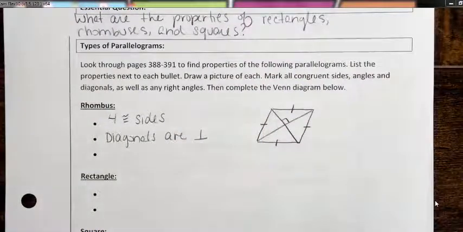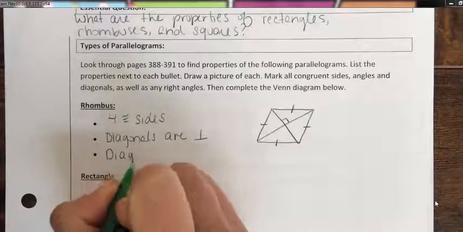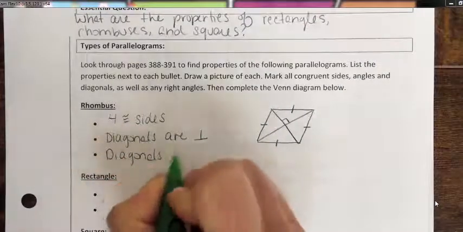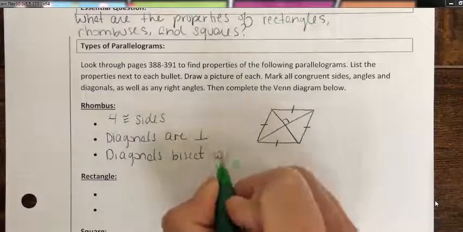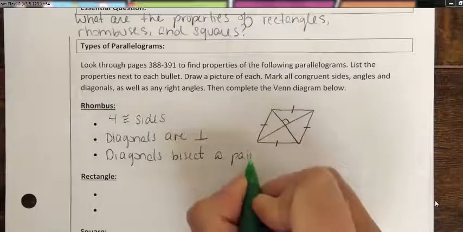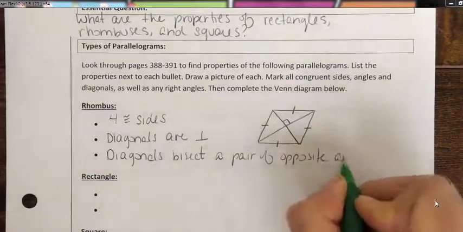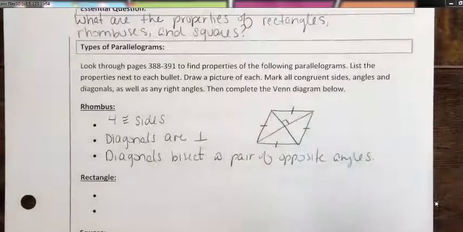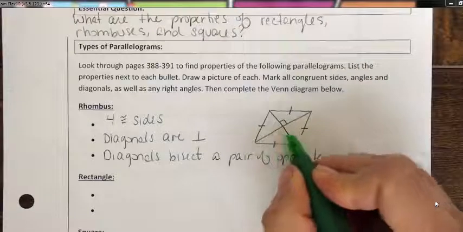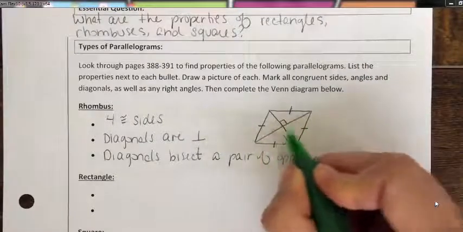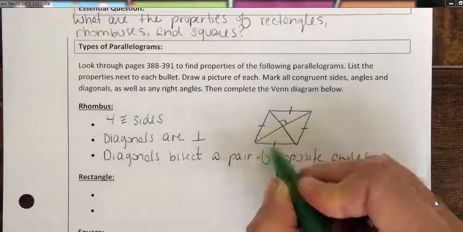And the diagonals bisect a pair of opposite angles. So what I mean by that, for example, this diagonal here is cutting these 2 angles in half. Well, remember, it's a parallelogram still, so opposite angles are congruent.